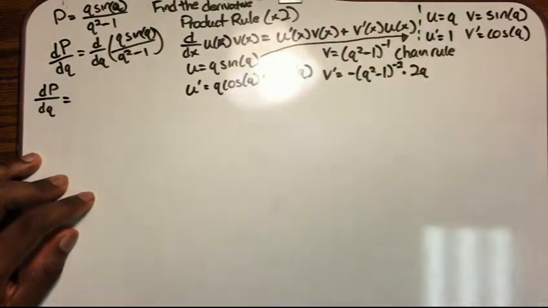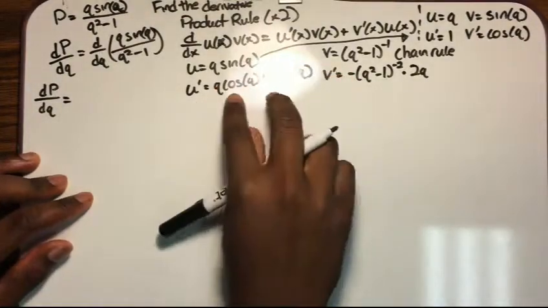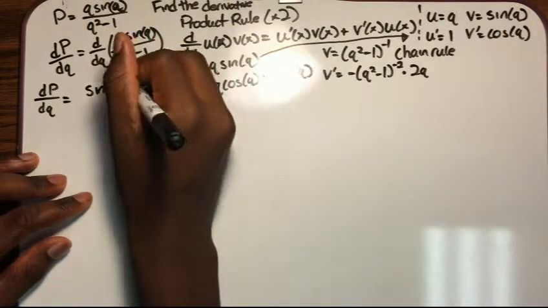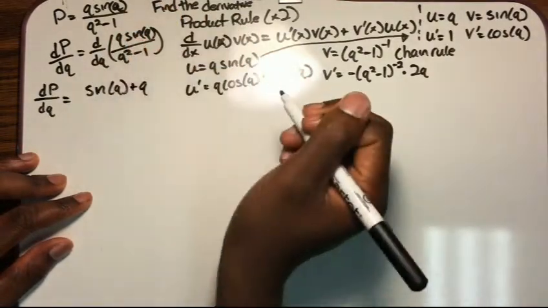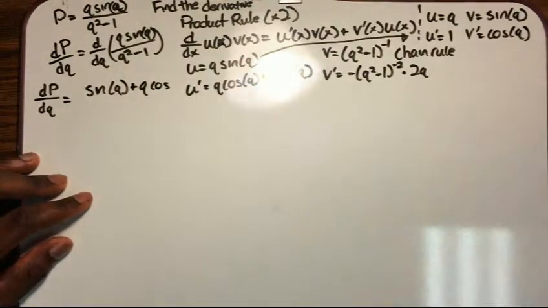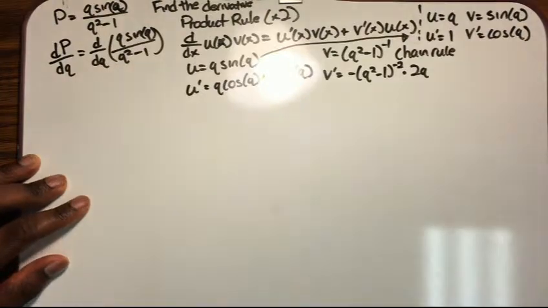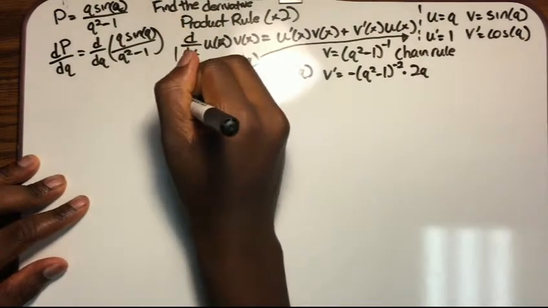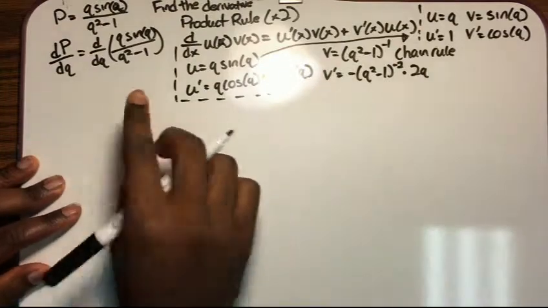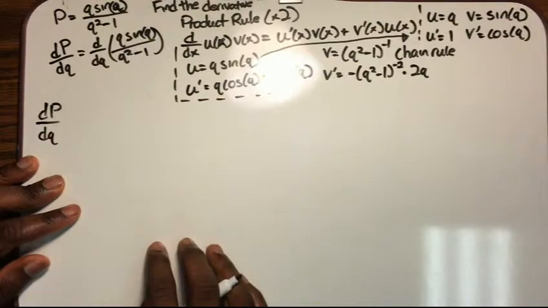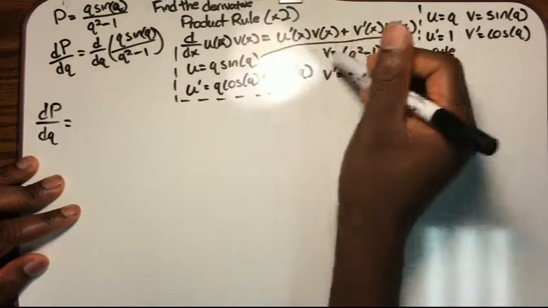And now coming back to our original function, we'll say dp/dq is equal to u prime v, I'm going to switch these, so it'll be sine of q plus q cosine, oh hold on, I'm sorry, it seems that we're going to get a little bit messy here, but we're going to use some of the space.